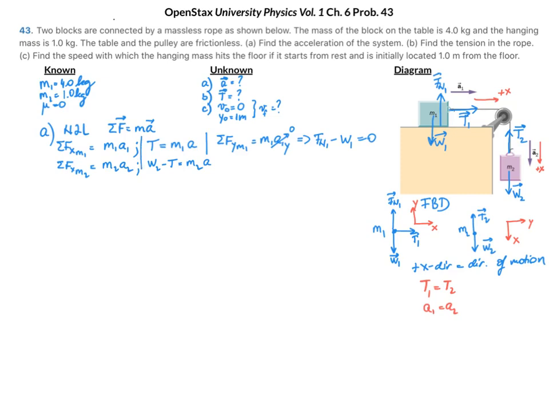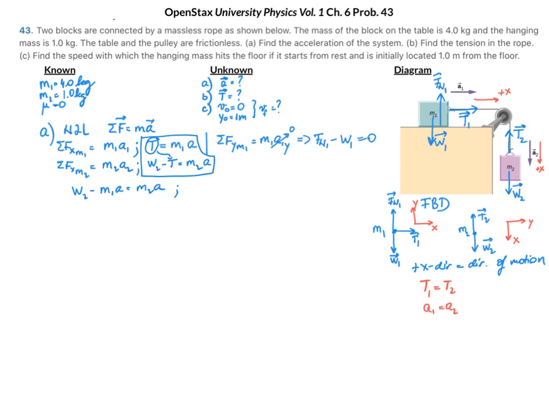So now I have these two equations with two unknowns. How about I take T from here and plug it into there? So that means that W2 minus, so T is M1A, equals M2A.